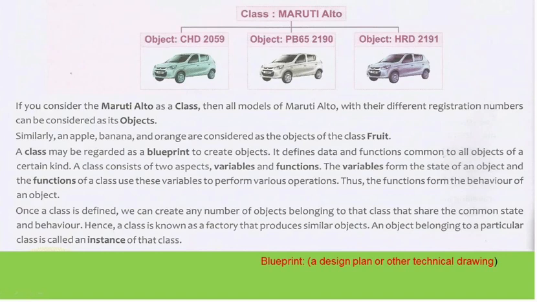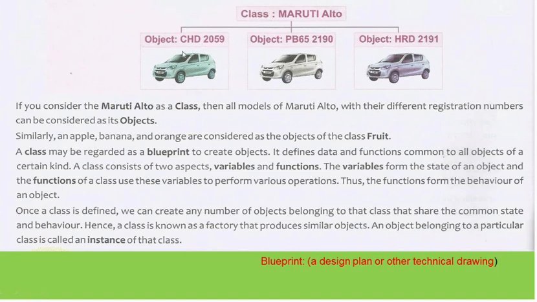Okay, with their different registration numbers can be considered as objects. So this is one object, this is another object, and this is another object. But what is the common between these three? That these three belong to the same class, which is called as Maruti Alto.